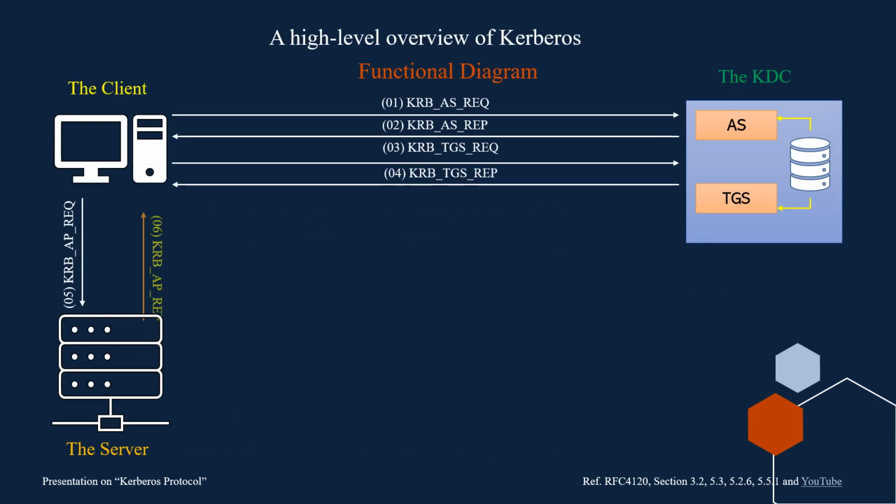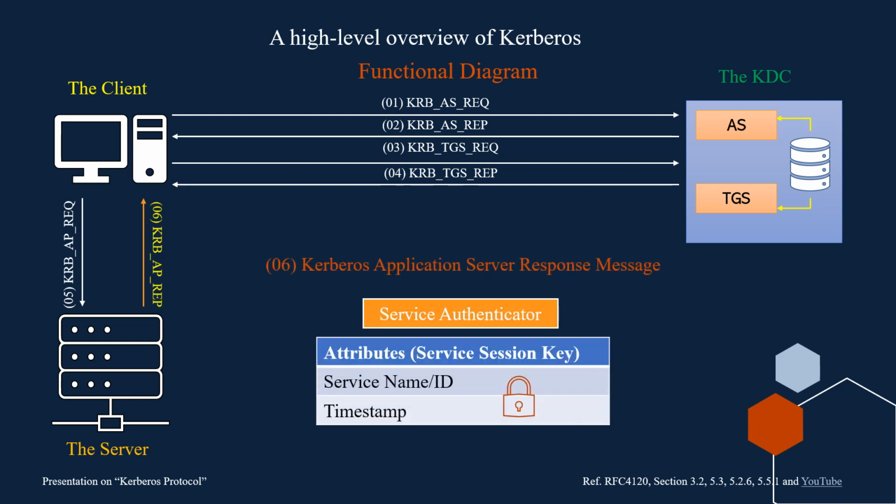The service authenticator message includes a service name or ID and timestamp. It's known as the Kerberos authentication server response message, and this message is encrypted with the service session key. Then the server sends this message to the client. The client decrypts this encrypted message with the service session key. So how does the client know the service session key?